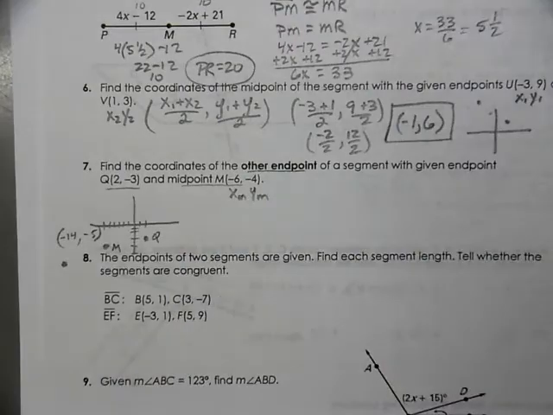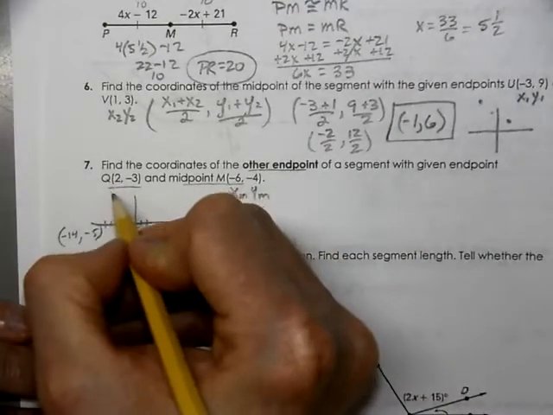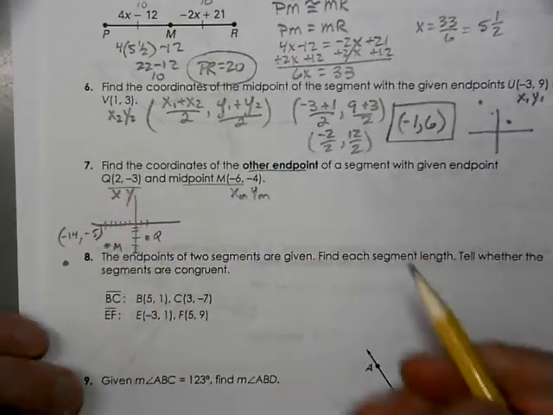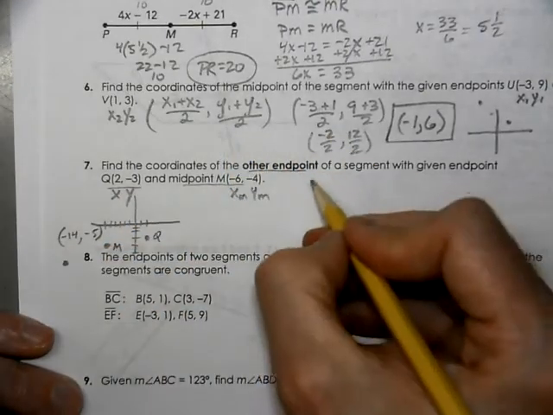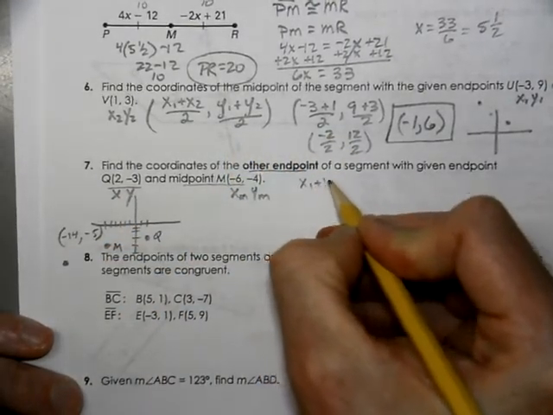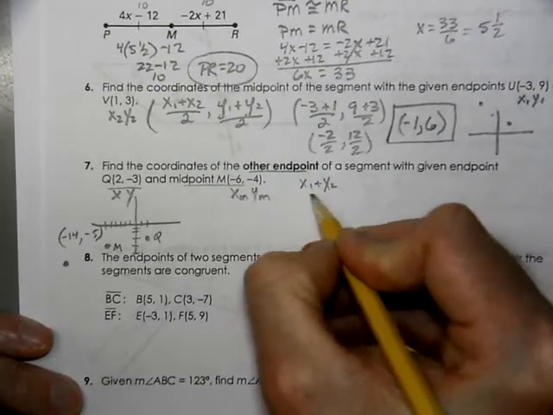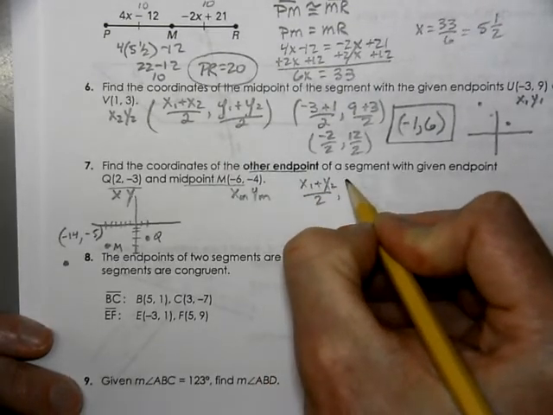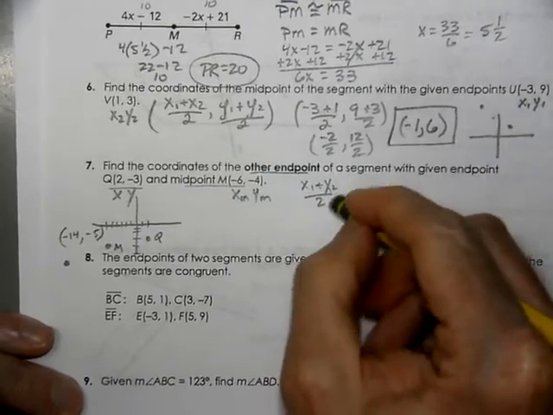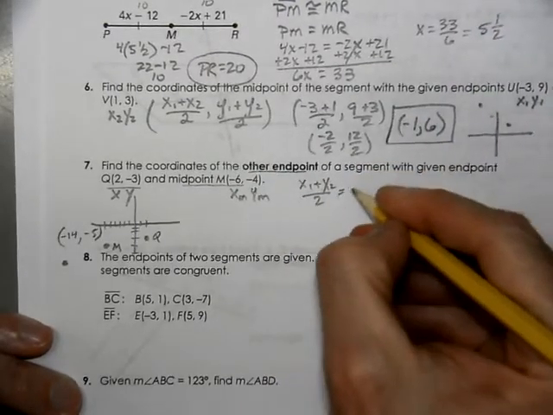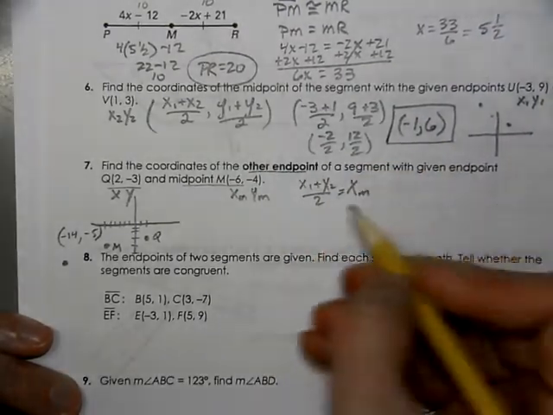We have our midpoint. So we have our x-coordinate and our y-coordinate of the midpoint. This is just our x and y. Using the same formula we had earlier, x1 plus x2 over 2, that's going to equal the x-coordinate of the midpoint.